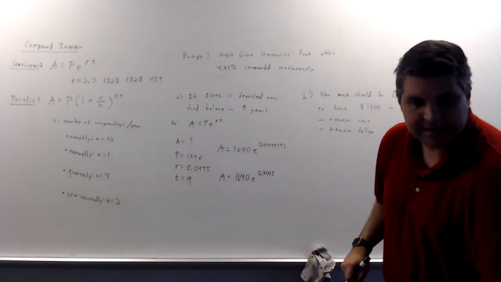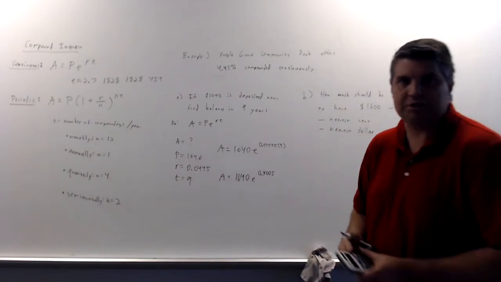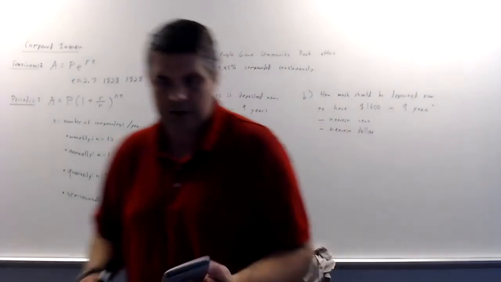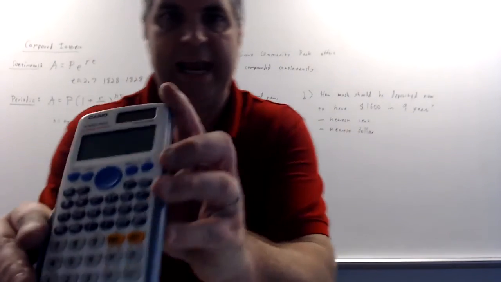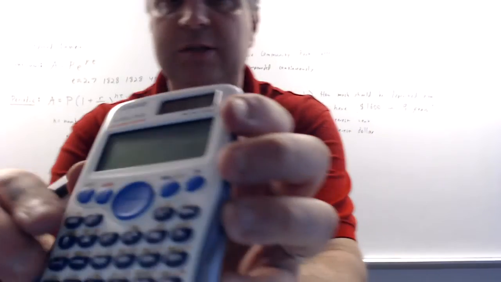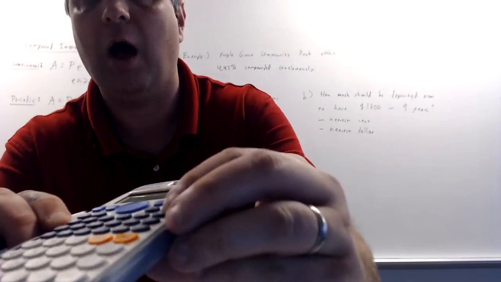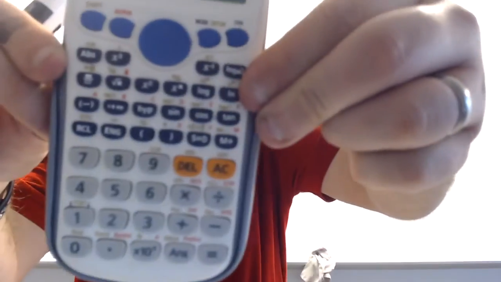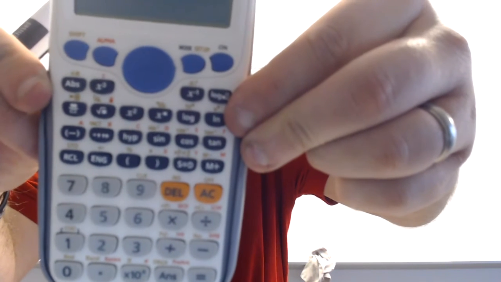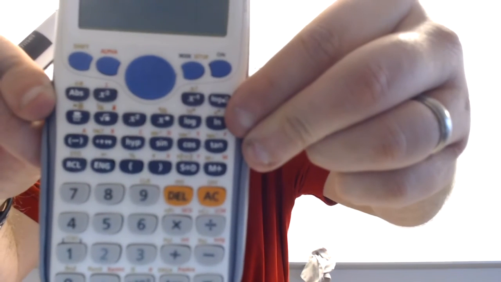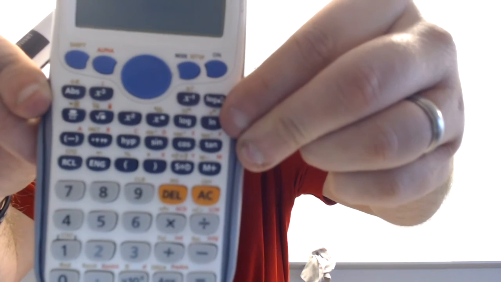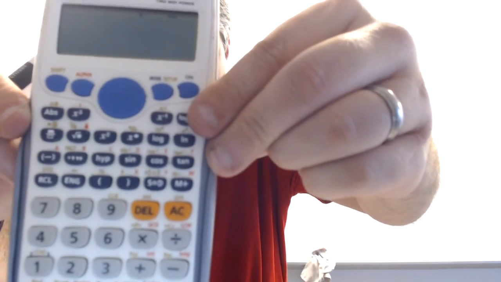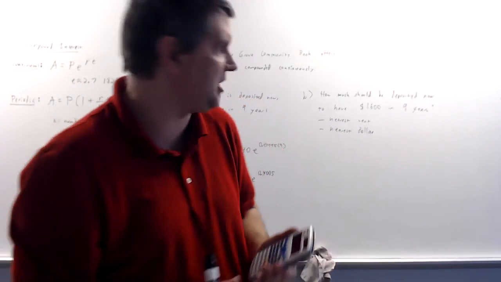Now, on my calculator, which is the Casio, you will typically see an LN button. On my calculator, it's right there. Some calculators, it may look like a capital I, but it's actually LN. Right above that LN, you will see e to a power. Now, I can't get this thing to focus, but you should be able to find e to a power if you hit shift or second.